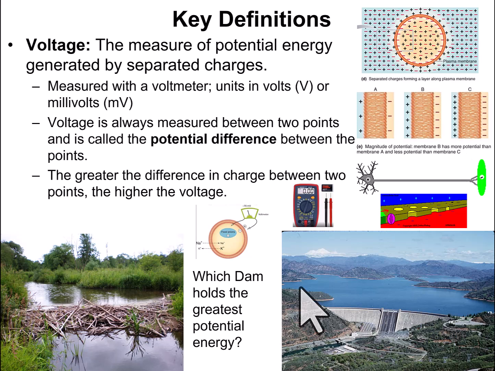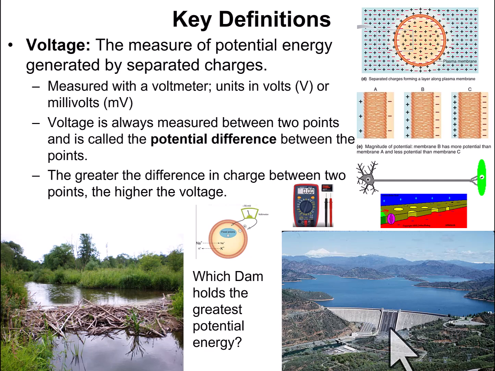In looking at potential energy, this is energy of position. Potential energy is the energy that an object has because of its position relative to other objects. And it has the potential to be converted into other forms of energy, like kinetic energy. So this difference in charge between one side of the cell to the other side of the cell represents potential energy.